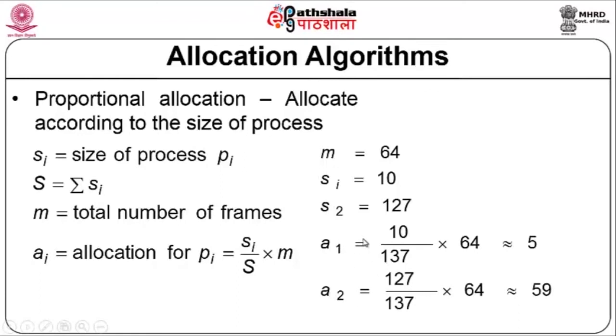So, A1 is allocated 10 by 137, since 10 plus 127 is 137, that is the total size, into the number of frames, that is about 5 frames allocated for this process, and for the second process you allocate around 59 frames. So, here rather than doing an equal allocation, you allocate space based on the size of the process.